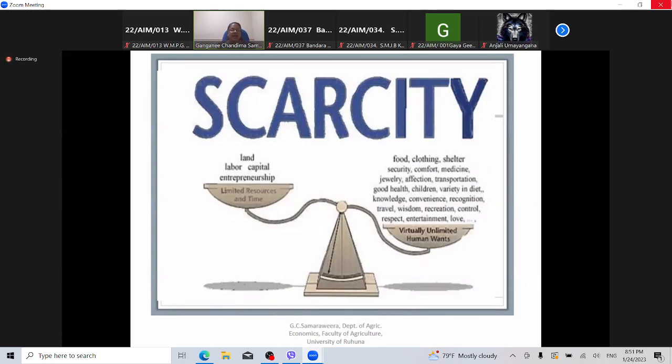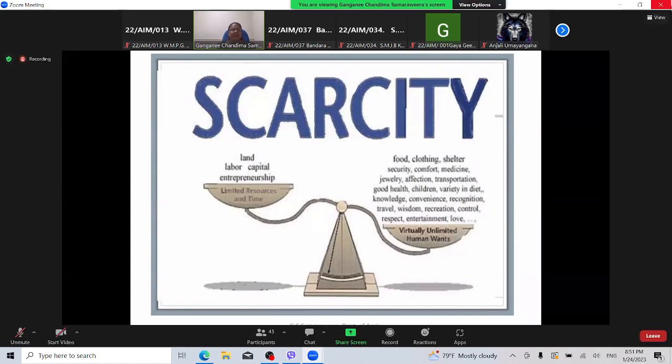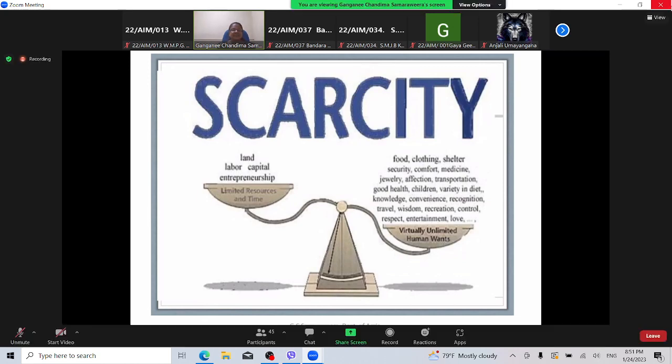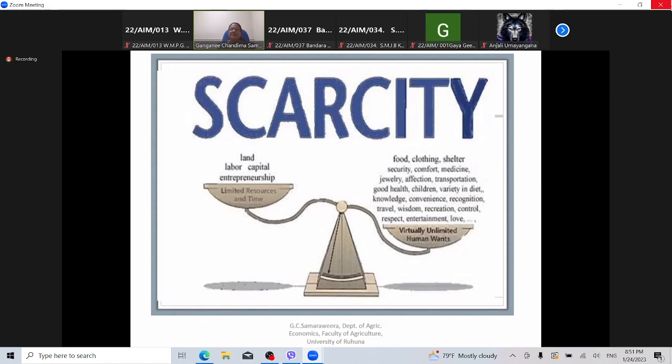So we have limited resources, that means land, labor, capital, and entrepreneurship. Entrepreneurship is also limited. Entrepreneurship means how we allocate this land, labor, capital. That means our skills.